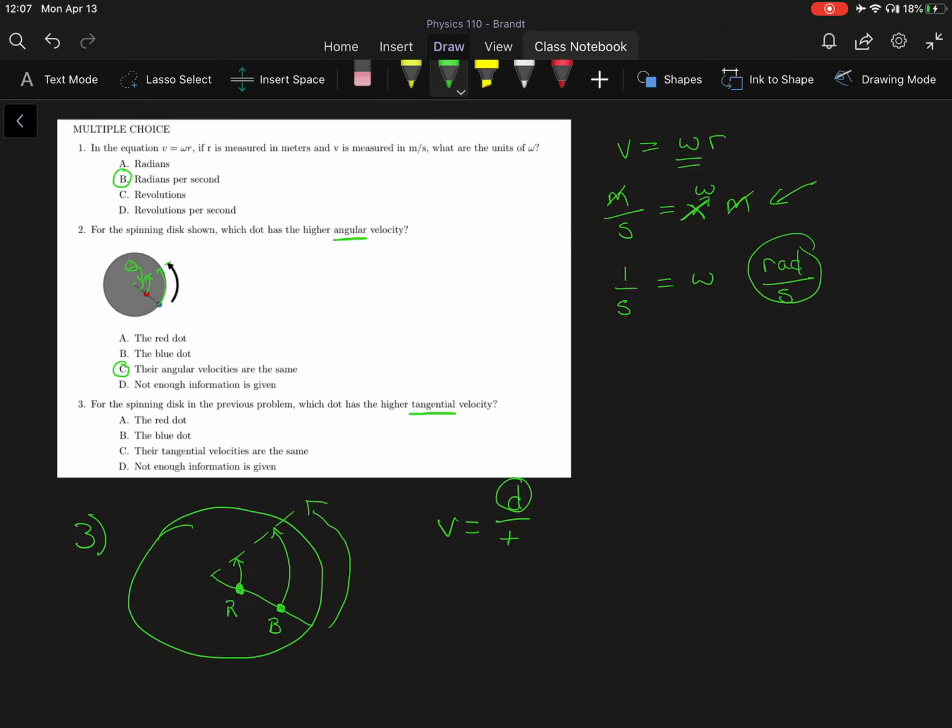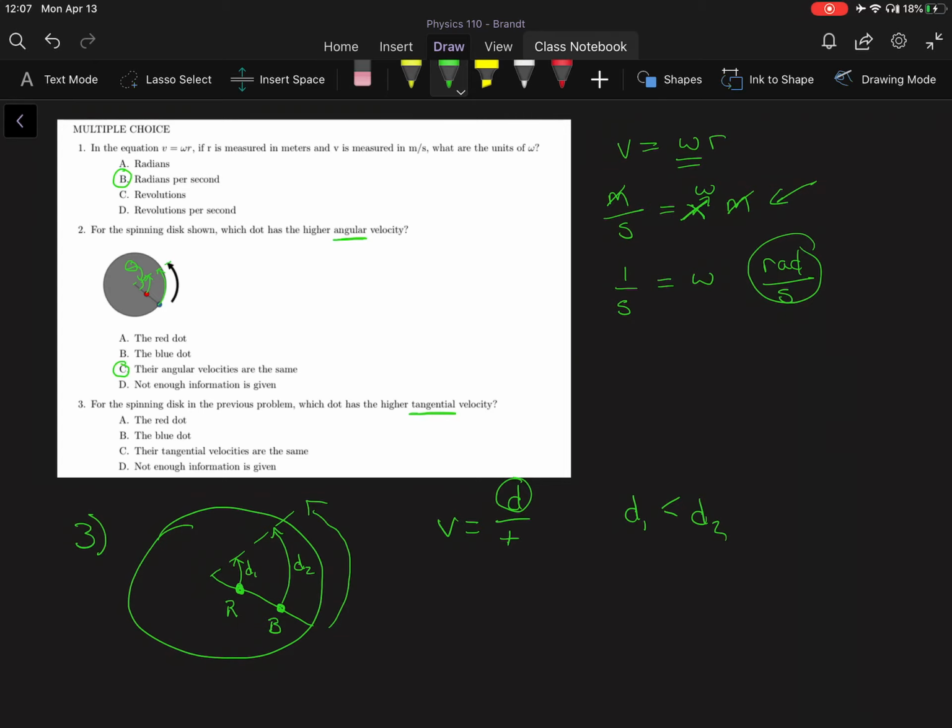So which of those two distances, we'll call that D1 and D2. So that means that D1 is less than D2 just from the length of those arrows. So you can see D2 is greater.